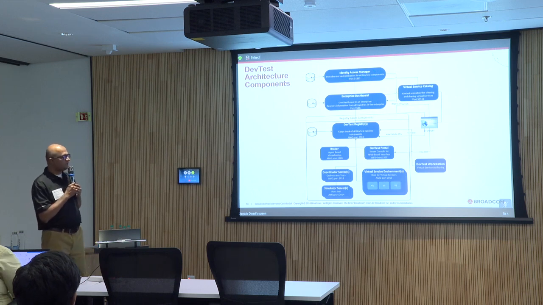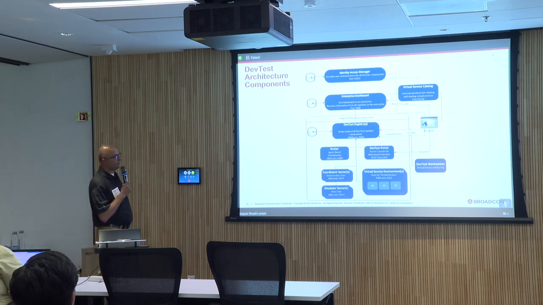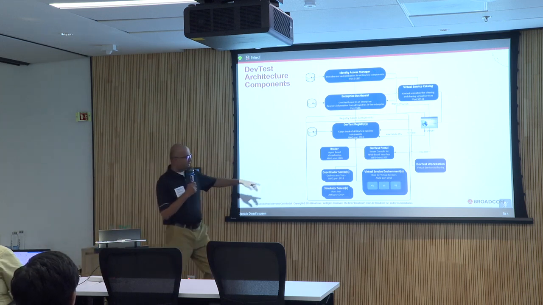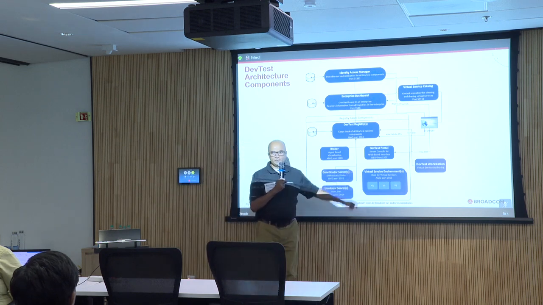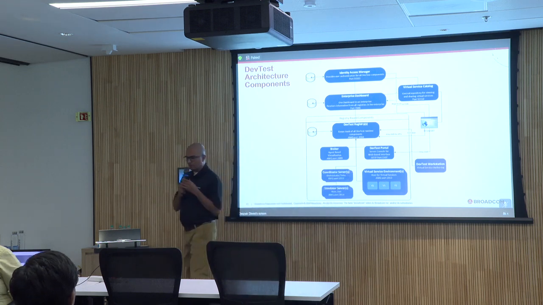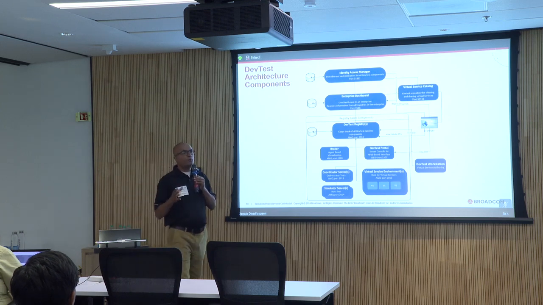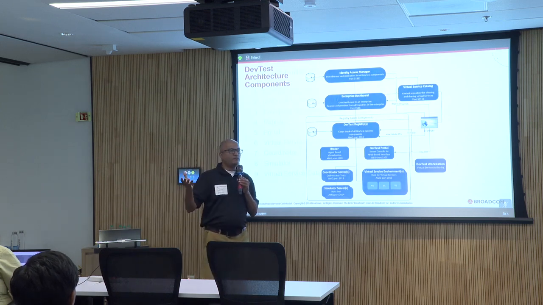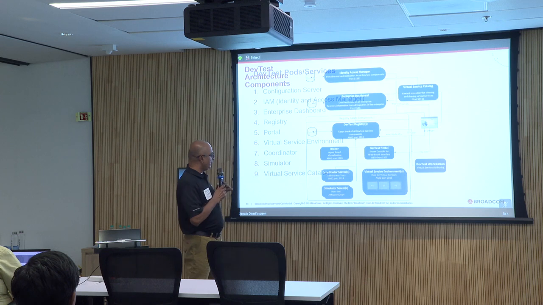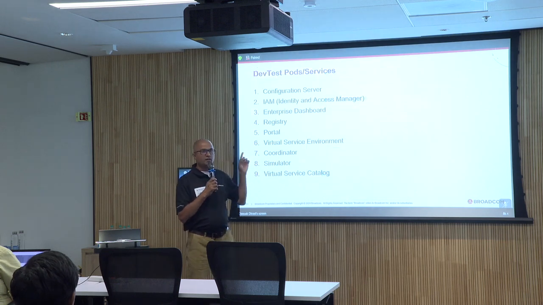Identity access manager, enterprise dashboard, registry, portal, virtual service environment. This is probably the most important one for your virtual service to run, right? So all these components get transformed into pods on your cloud platform, right? And the most important thing here is the configuration server.